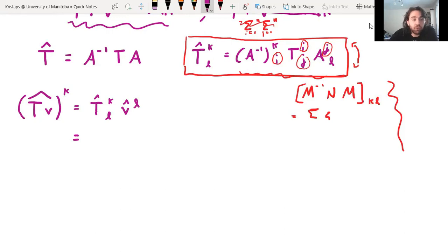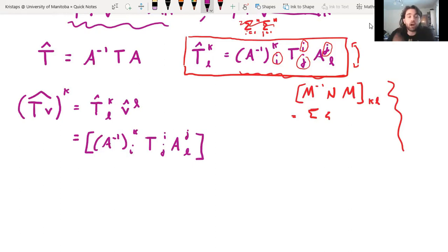Then by this transformation property I just wrote down, we have A inverse, let me check my notes here, there are so many indices, I wanted to make sure I got them right: I, J, A, J, L. And then remembering what our contravariant transformation law was for writing V in the new system, we're going to have A inverse.